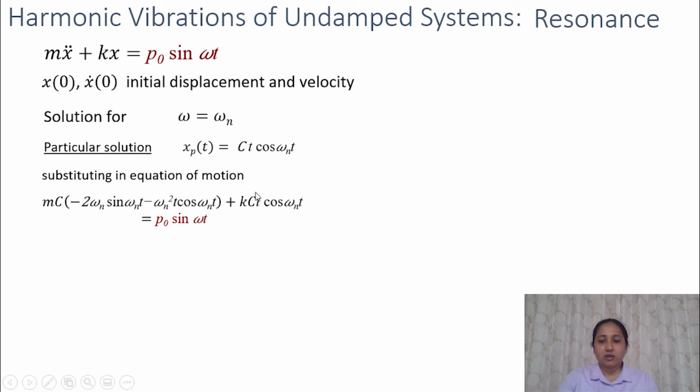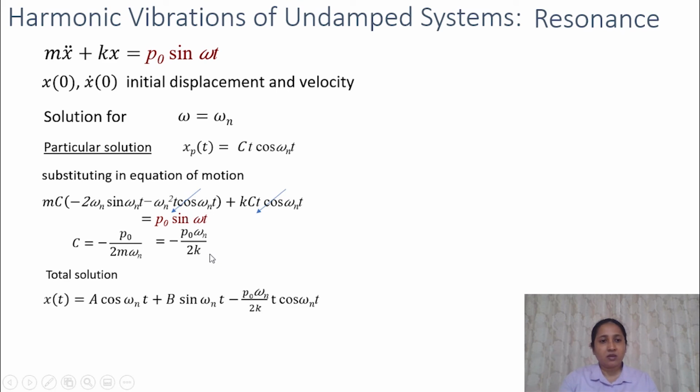So we can equate the sine terms, and we can find the value of C as minus P naught omega n by 2k. So the total solution of this equation of motion for omega equal to omega n is this. This is the transient part of the equation and this is the steady state part of the equation.